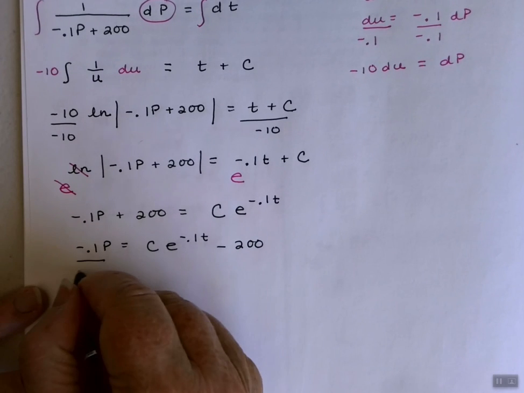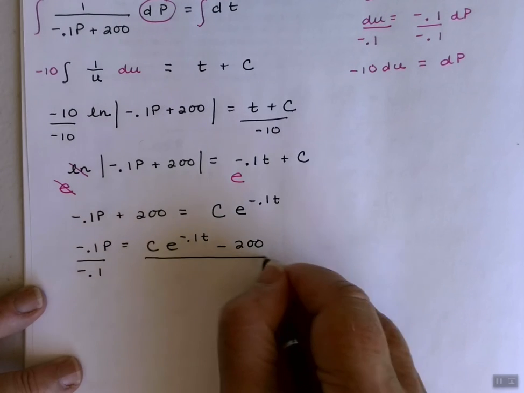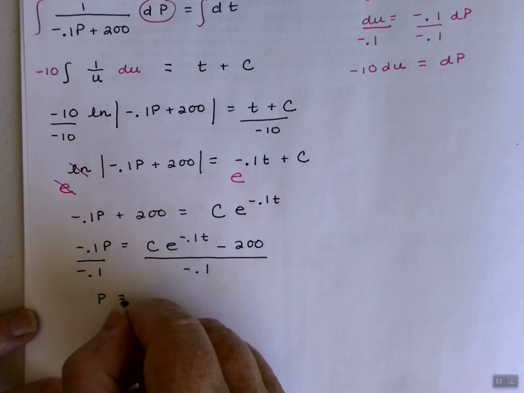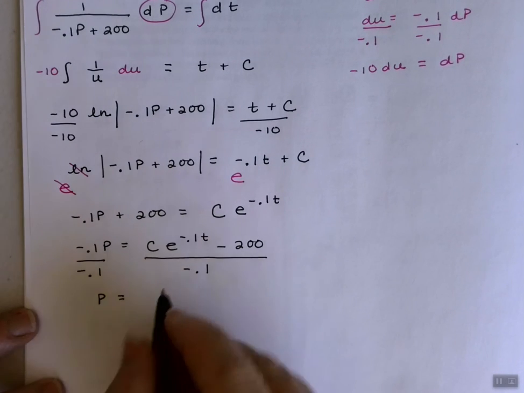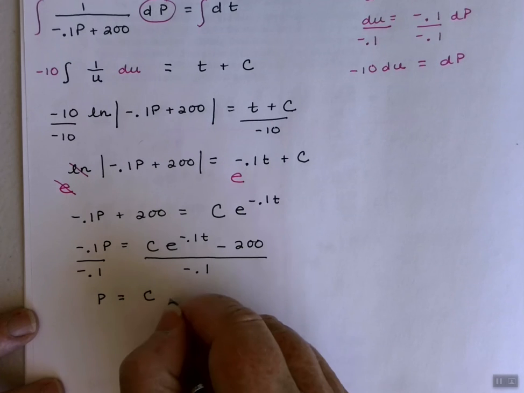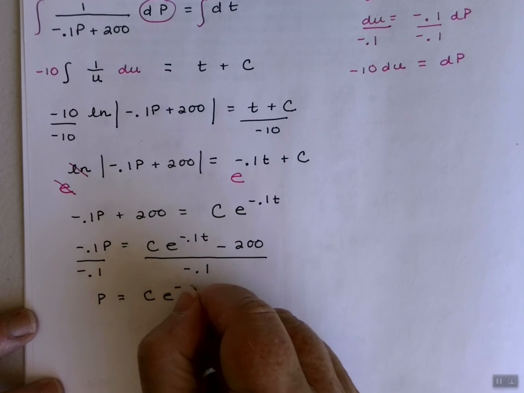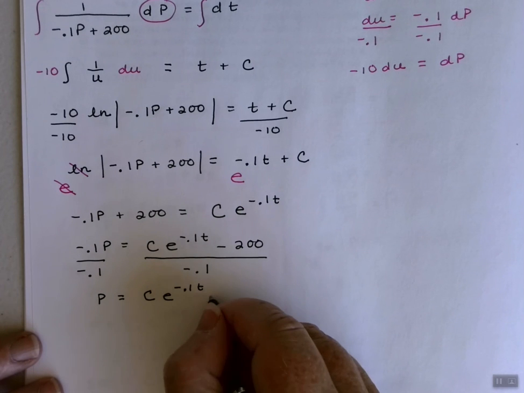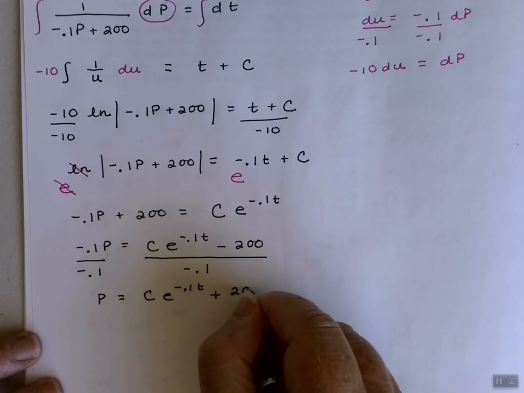And now if I divide by negative 0.1, I am going to get p equals, again, c divided by negative 0.1, just a new constant, times e to the negative 0.1t. And negative 200 divided by negative 0.1 is positive 2,000.